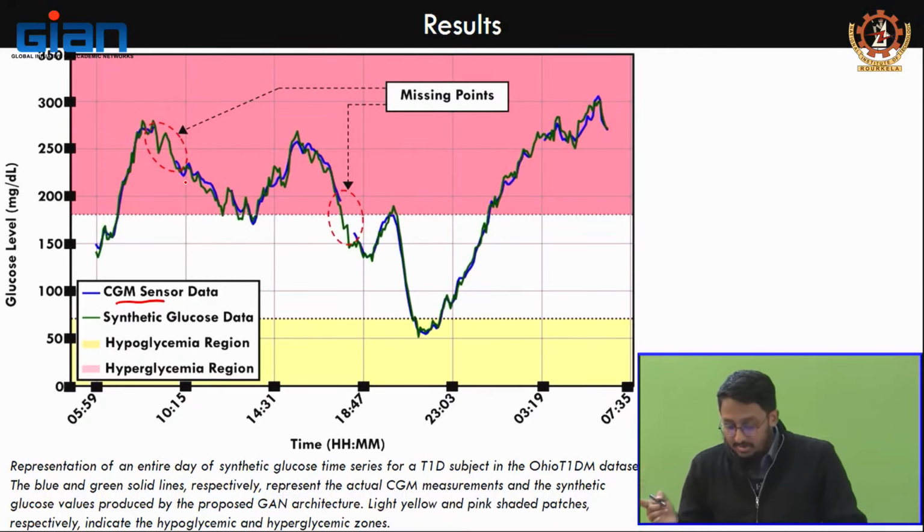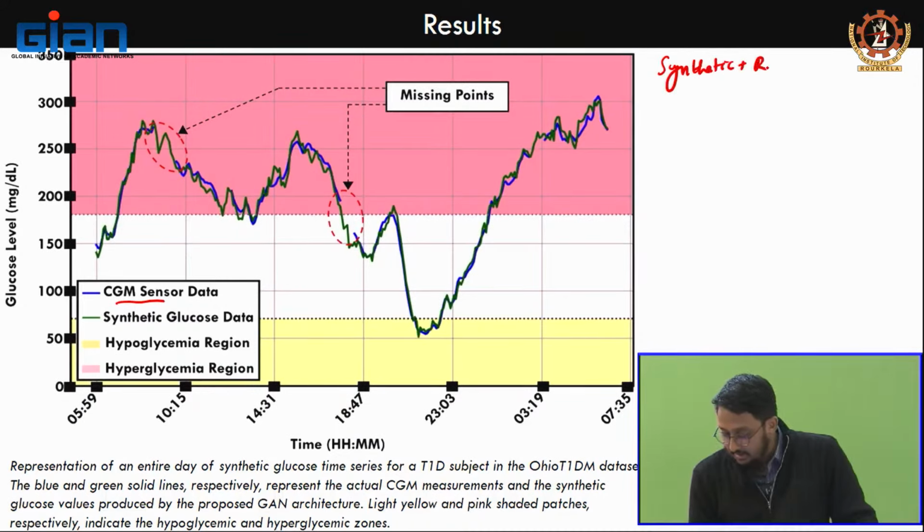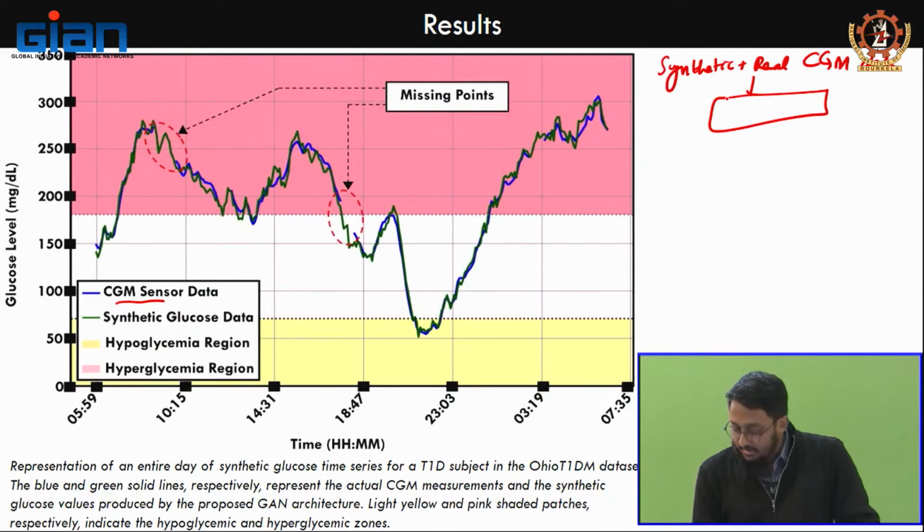Then we train on this combination of synthetic plus real CGM data, and we can use it to train forecasting models.